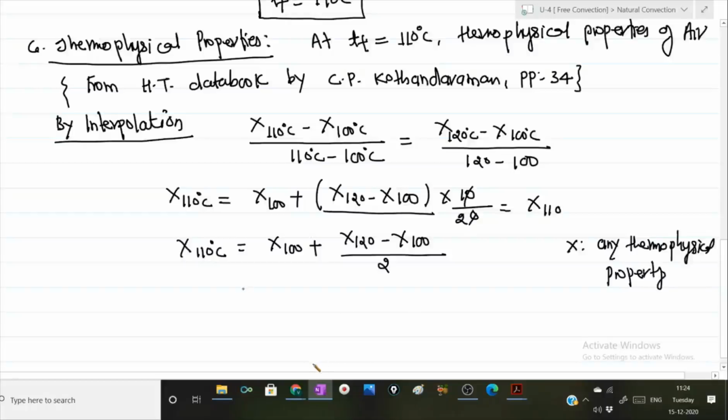So in calculator, how can you set it? Let's say this is B plus (A minus B) by 2. So this way you can write the formula on calculator.